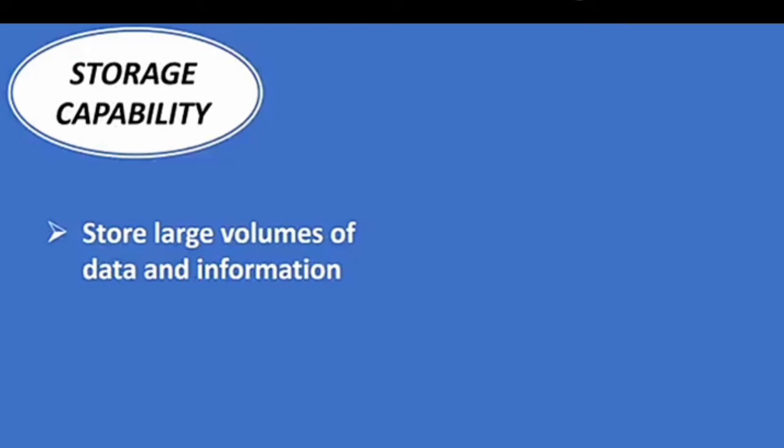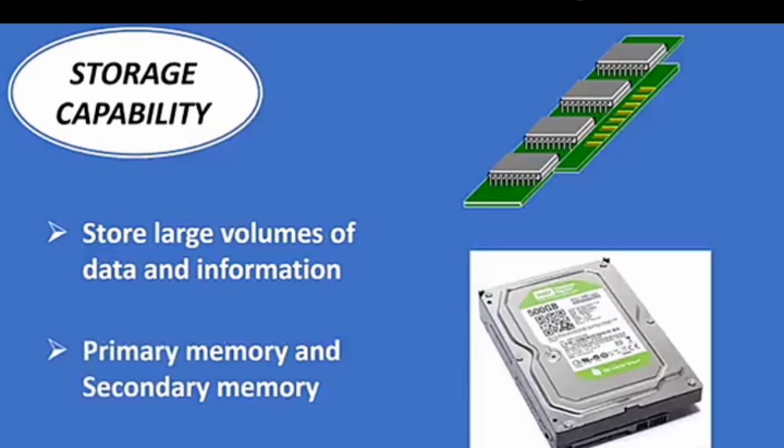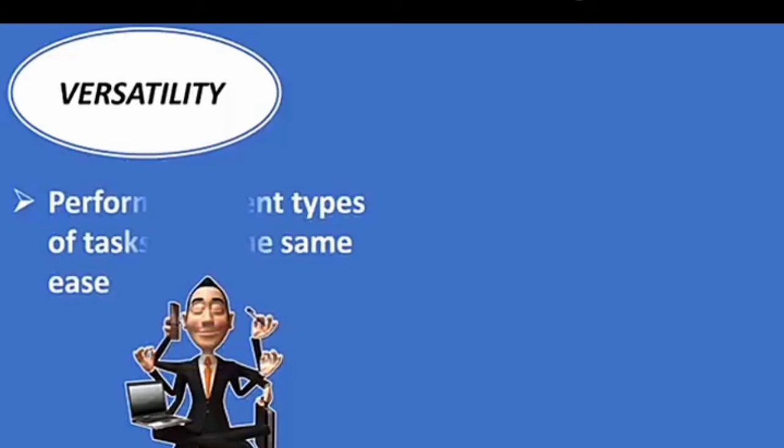Large volumes of data and information can be stored in the computer. Computer uses primary memory and secondary memory for storing information. Versatility. Computer is versatile in nature. It can perform different types of tasks with the same ease.